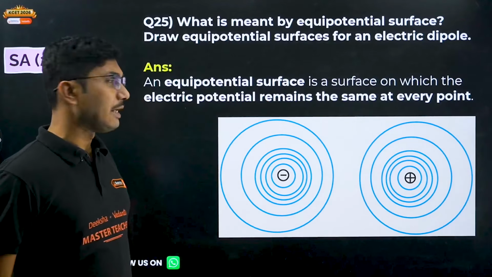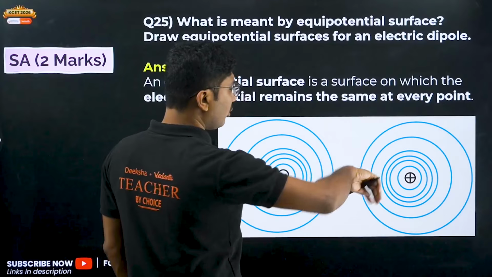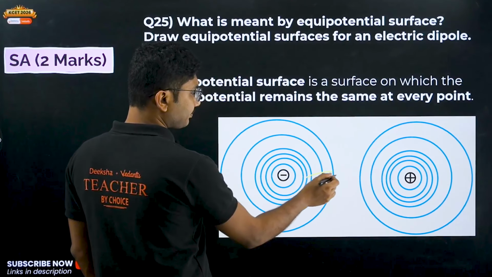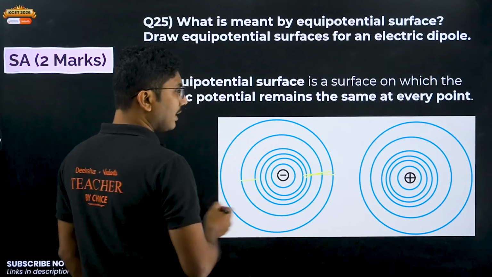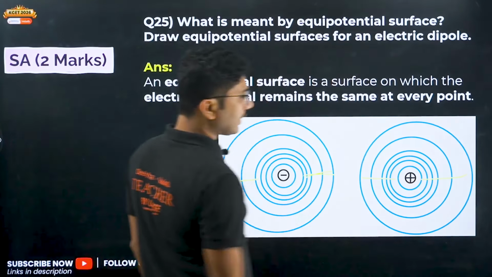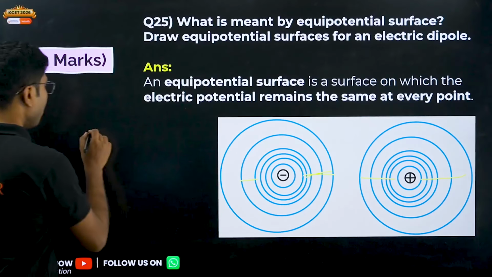So the definition is the same, but when you are drawing the dipole, make sure that these lines are a little closer. These lines are slightly wider. Again, these lines should be slightly closer. This line should be slightly wider. Okay, the gap should be like that. So how to do that?